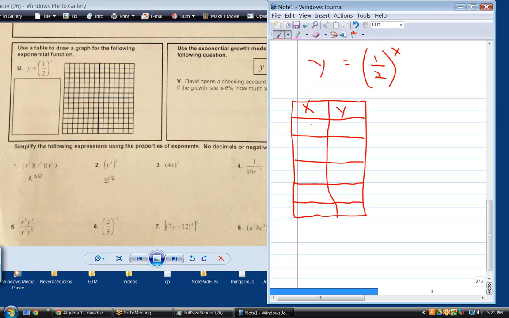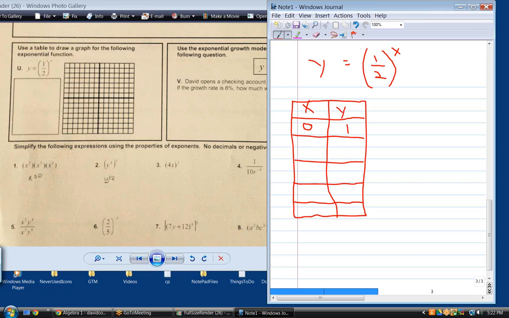2. You know what a really good first value for x always is? 0. Yeah, why? Because anything to the 0th power is what? 0. No, or it's 1. Any number raised to the 0 power is 1. In other words, I could take 10 to the 0, it's equal to 1.